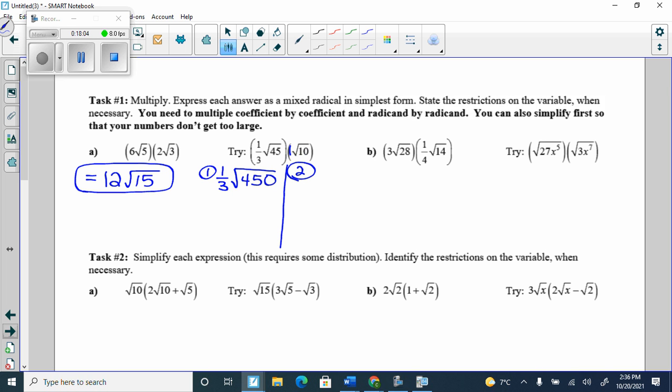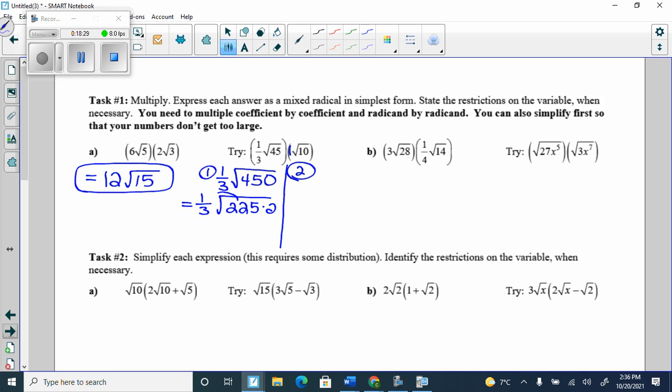Can I reduce 450? Yes, into what? 225, which is a perfect square. It's the square of 15 or 16? 15. So we can go equals 1/3, square root of 225 times 2.